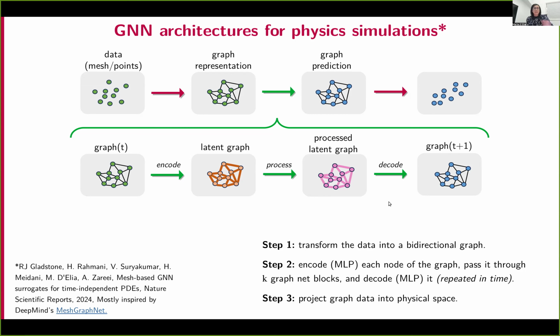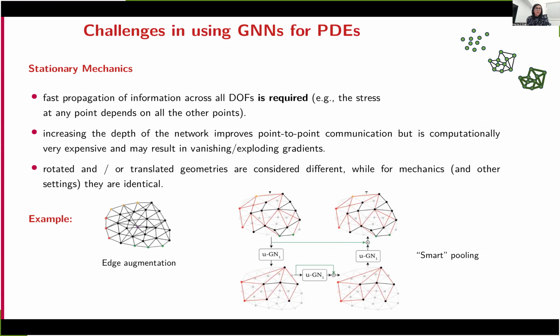So this is a very general architecture, and it's very effective in some specific contexts, and less effective in different physical contexts. That's what I wanted to talk about in the next couple of slides. Although very effective, for example, in time-dependent CFD settings, when we apply this architecture out of the box to mechanics problems, there could be challenges.